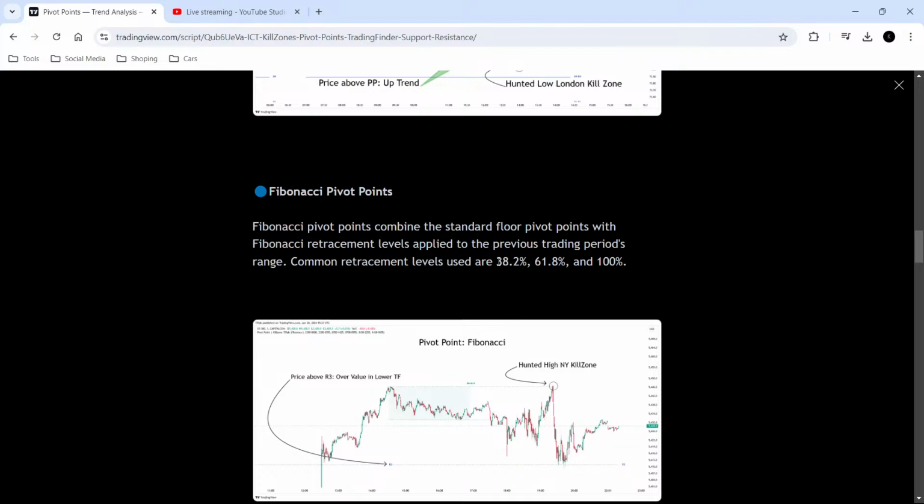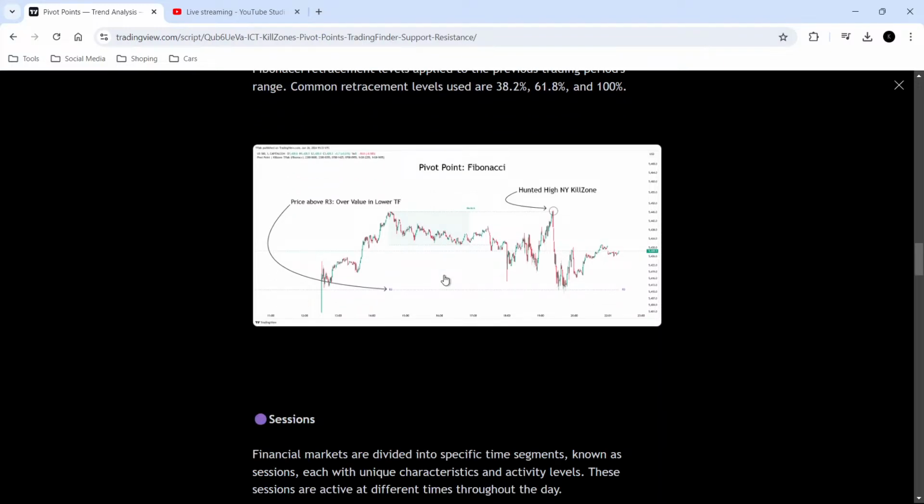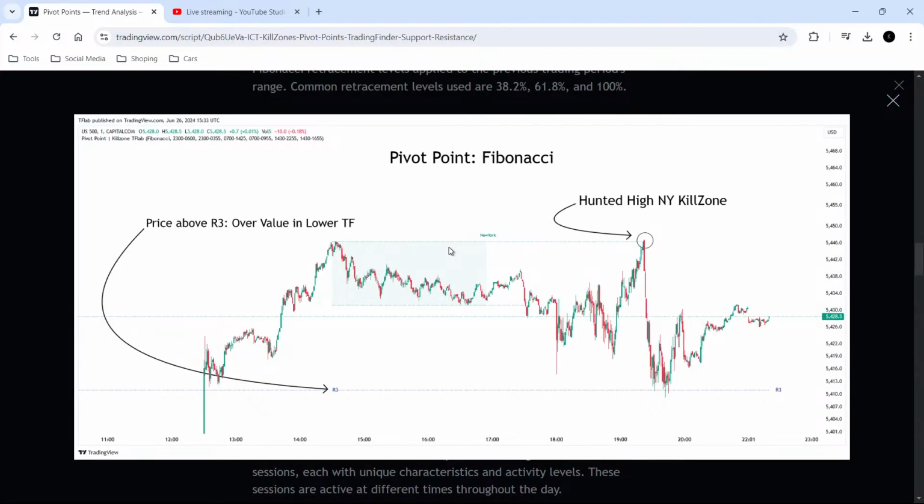People say this level is most... I don't know. And 100%. I don't think 100% counts as a retracement level, but let's see.